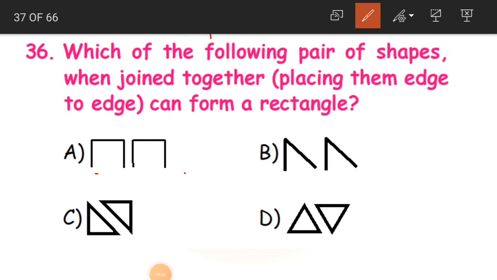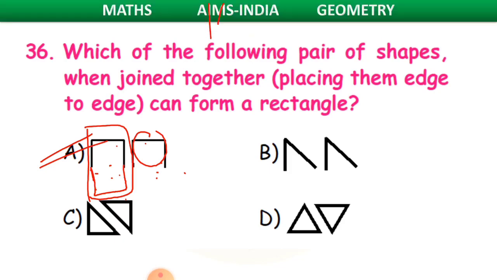If we look at option A, children, if we join these two figures together, see, I am joining this one here as well. So upon joining these pair of figures, we get a rectangle. The resultant figure is a rectangle. Yes, so option A becomes our correct answer. I hope this is clear.